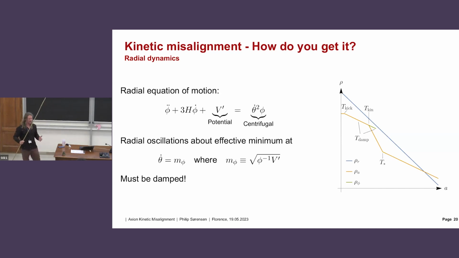But nonetheless, you have an oscillating scalar field, which behaves as dark matter. So if you really want to insist that this should be the initial condition for kinetic misalignment, then you have to dampen away these radial oscillations. You have to have a coupling responsible for providing a friction to these radial oscillations so you can dampen them out. And this is something we felt needed more careful treatment.